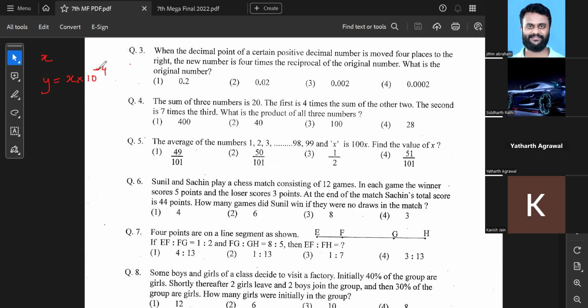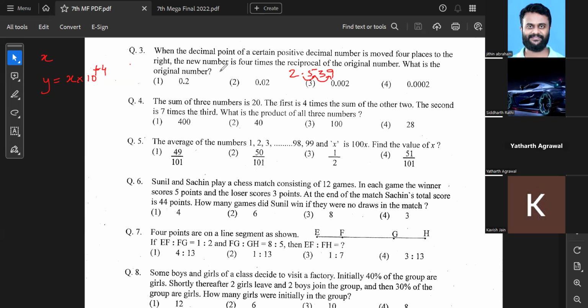When you move the decimal to the right, you are making the number bigger. For example, if you have 2.539, when you move the decimal to the right side, it becomes 25.39. Again, you move it to the right side, it becomes 253.9. So x multiplied by 10 raised to 4 is basically moving the decimal 4 times right. You will get the value of y.